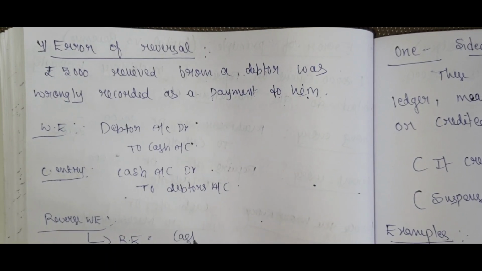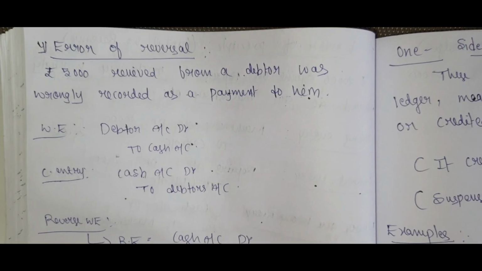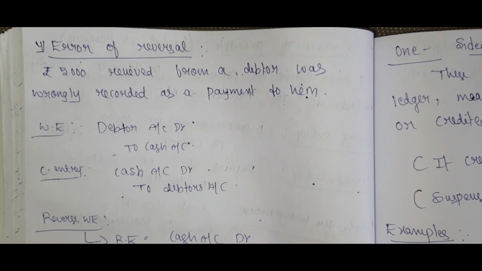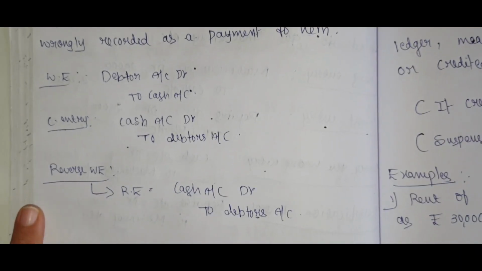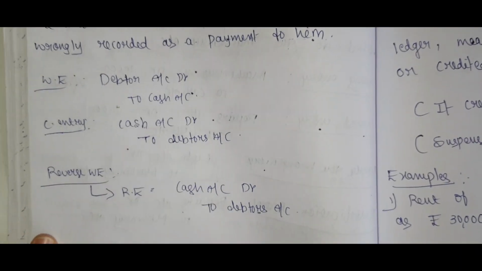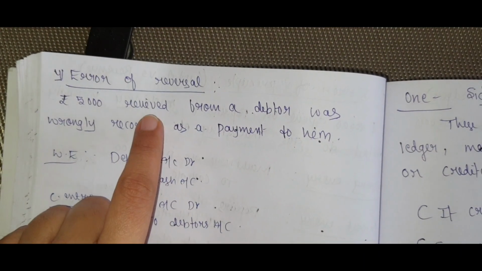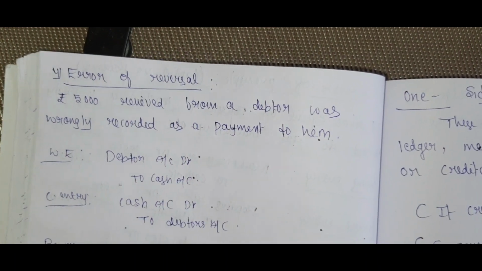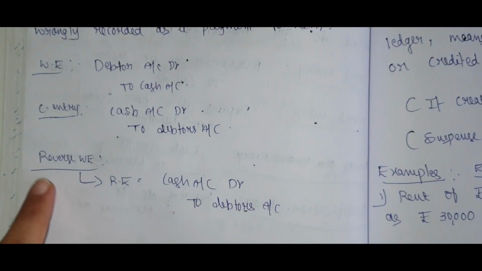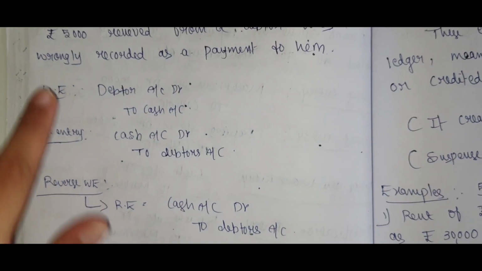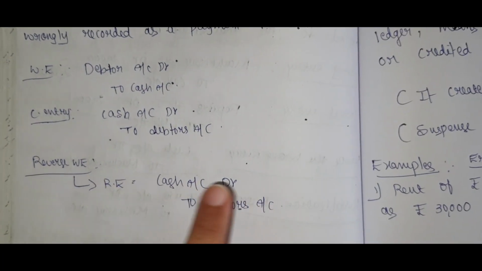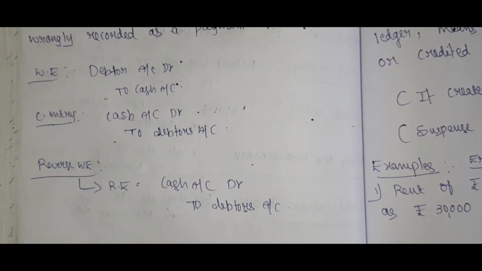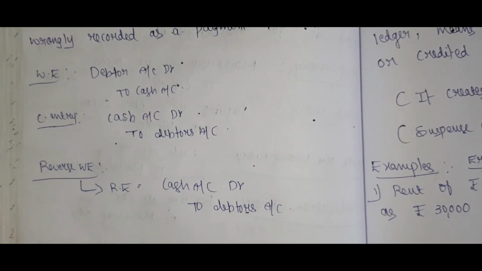So that is cash account debit to debtors account. See the example here, received payment to him, that is the reversal. So here our rectification entry is just to reverse the wrong entry, that is cash account debit to debtors account. Fine. So this is about two-sided errors.